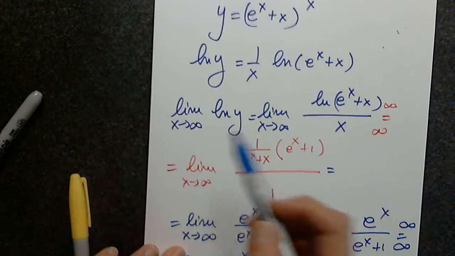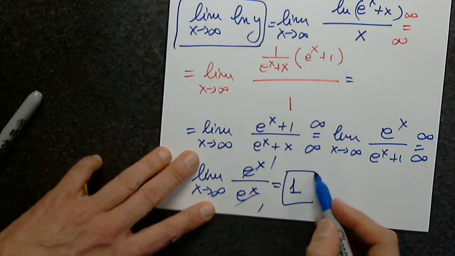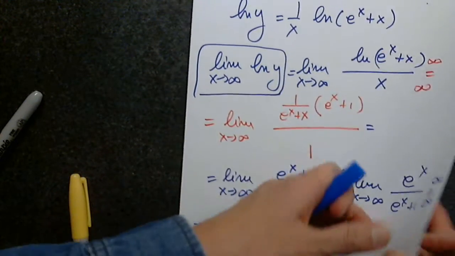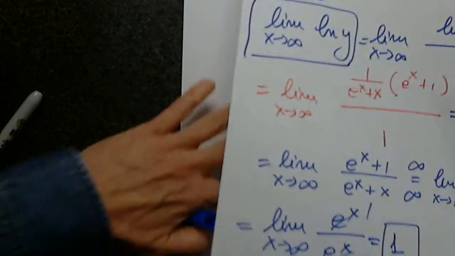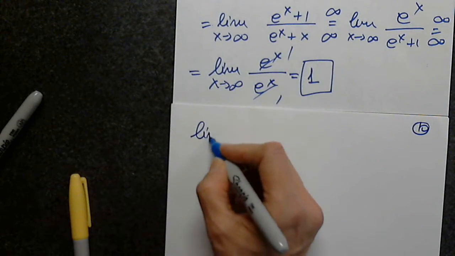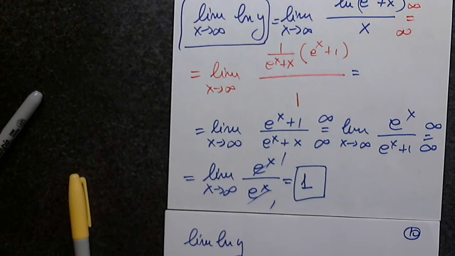Now I have to copy the starting point and the end point. So I will copy limit of natural log y. Yes, limit of natural log y as x approaches infinity is 1.